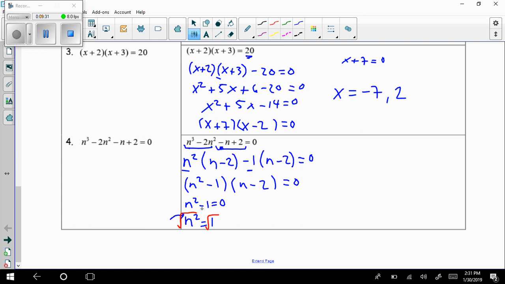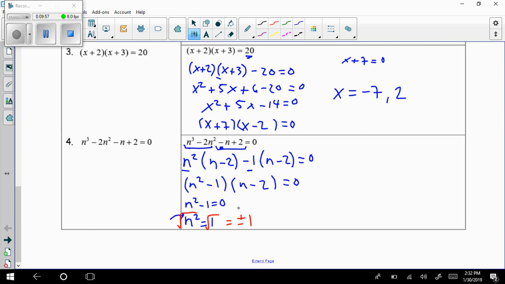But the rule with these is that we're not just going to take the principal root, which is the one you would get in your calculator, right? We also have to know that there's another number that when we square it will turn out to be a positive 1, and that's negative 1. So this actually gives us the answer of plus or minus 1. So you get your 2 answers out of that.